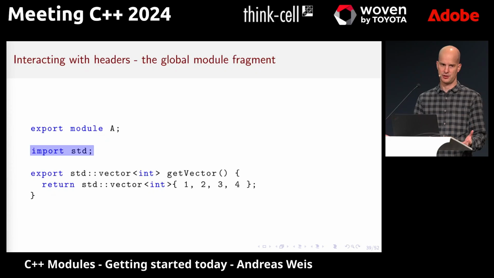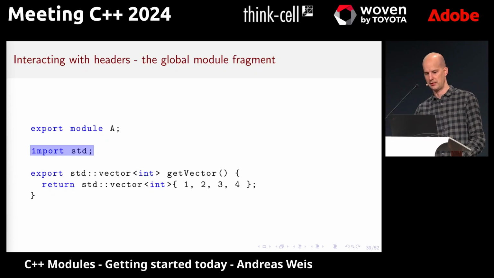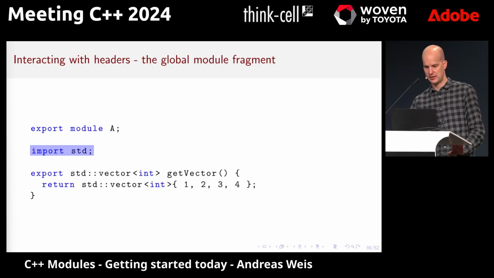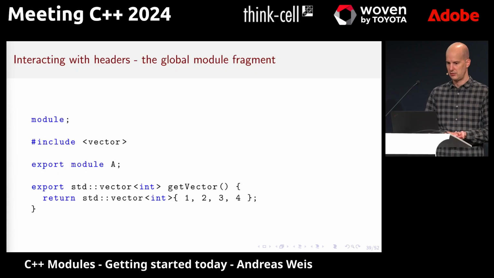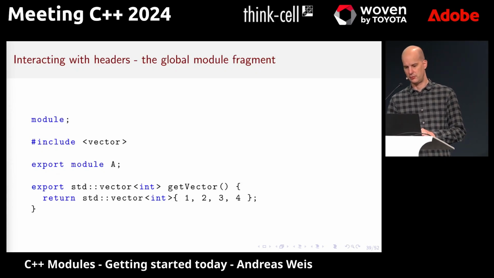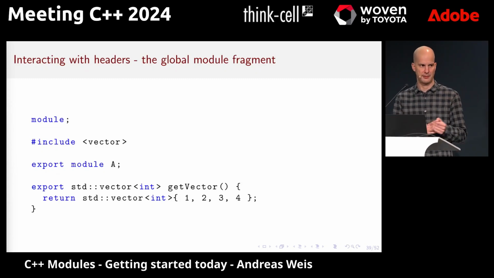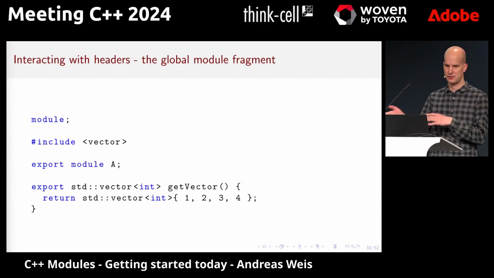Because there's just too much going on in a header file that doesn't really work well with the module mechanism. So what we can do instead is use this new syntax that we haven't seen before: instead of having the full module declaration at the top of the source file, we just say module semicolon.